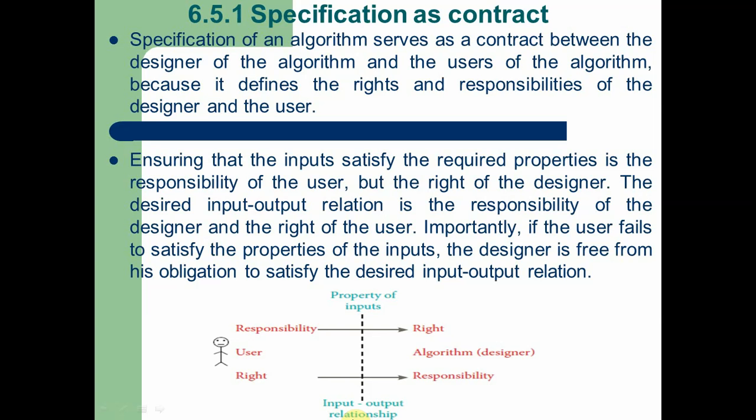So when developing any software, the customer who gives an order should give the required input for the programmer, and the programmer should get all the required input from the customer. So providing input details is the responsibility of the customer. Getting the input from the customer is the right of the programmer, and providing the desired output to the customer is the responsibility of the programmer.